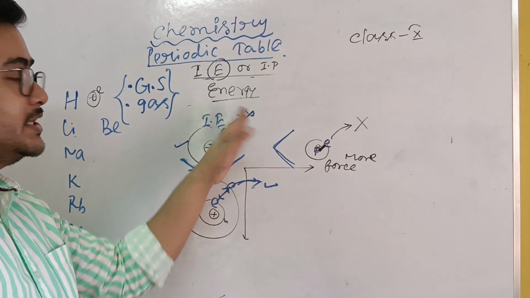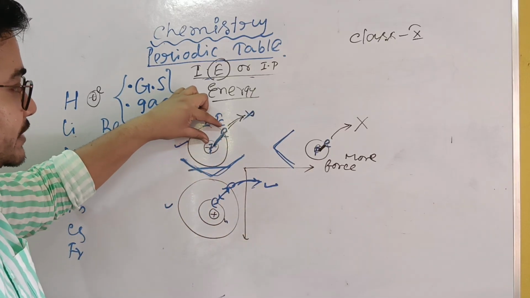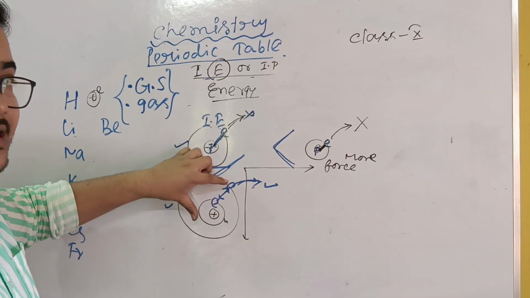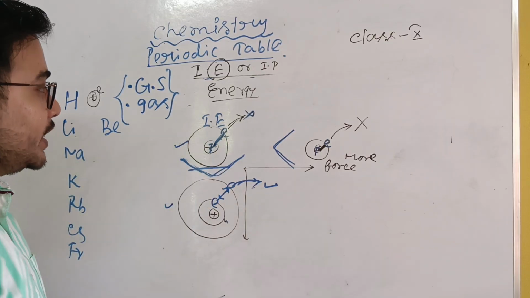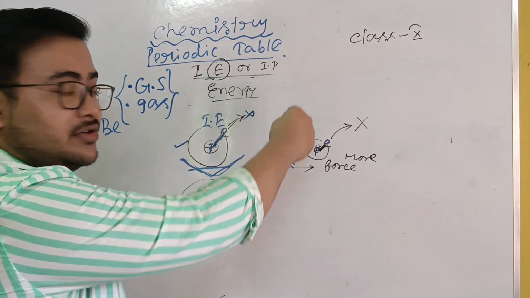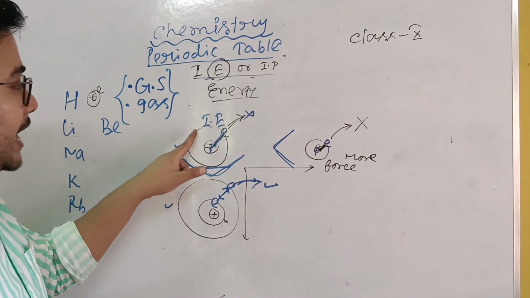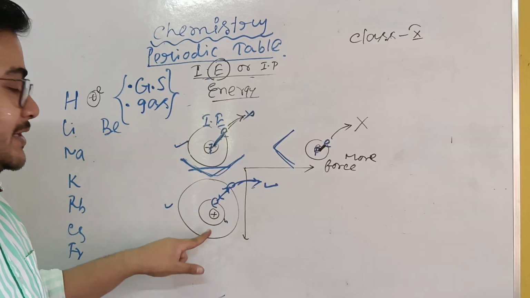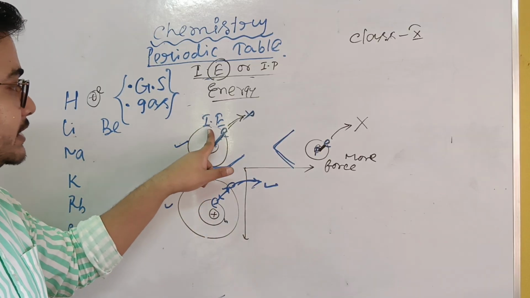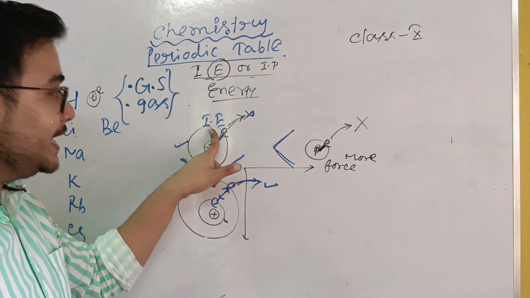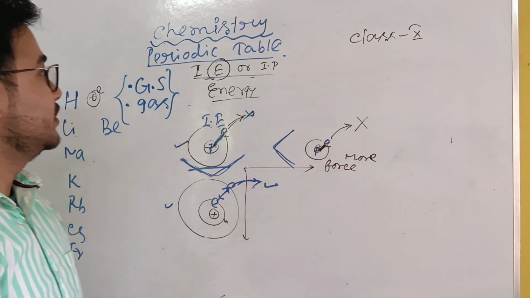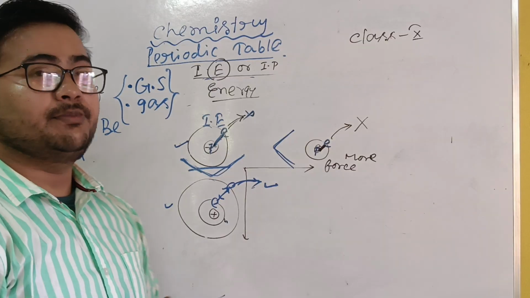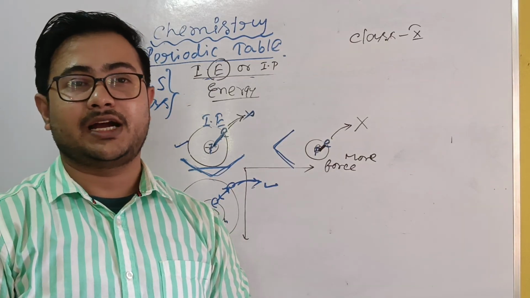Here we cannot easily remove it because the distance is comparatively less, so more energy is required. So here ionization potential increases with respect to this one, but it becomes less compared to that one. Understand? This is the concept regarding radius and ionization energy.